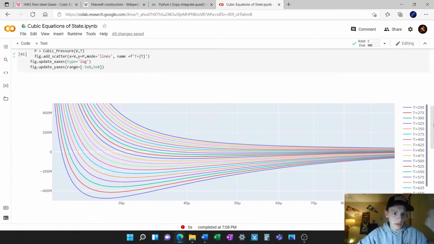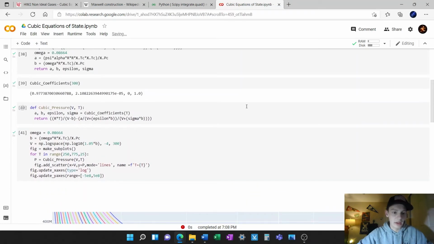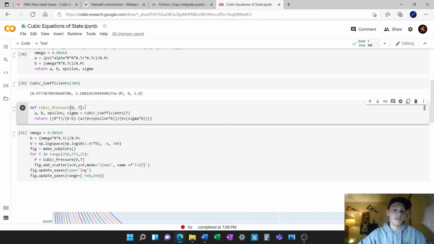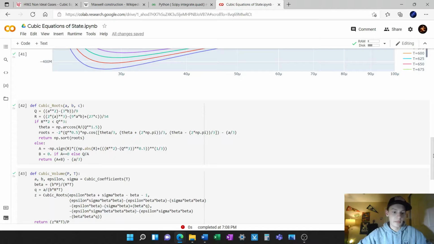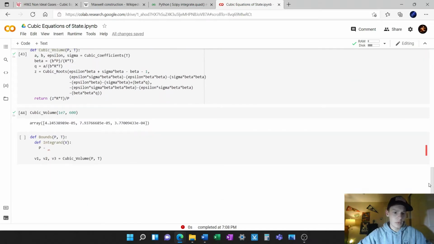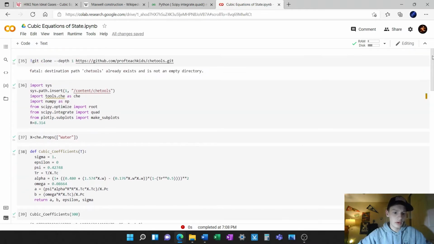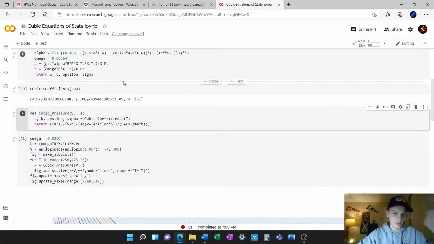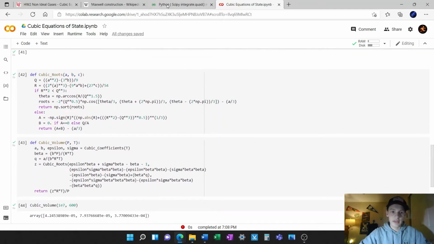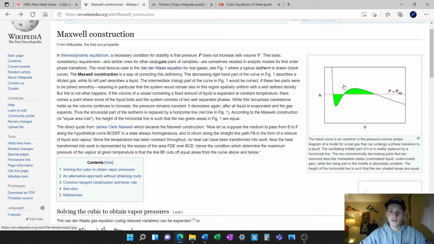Fortunately, this becomes a lot easier because this is what I was thinking of, cubic pressure. So from there, we are going to be able to compute what the pressure is, and that's going to be this, right below.